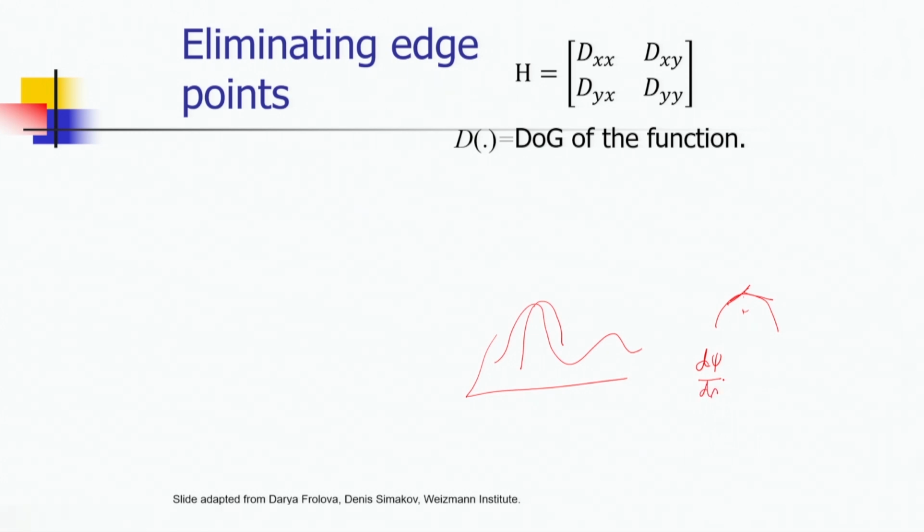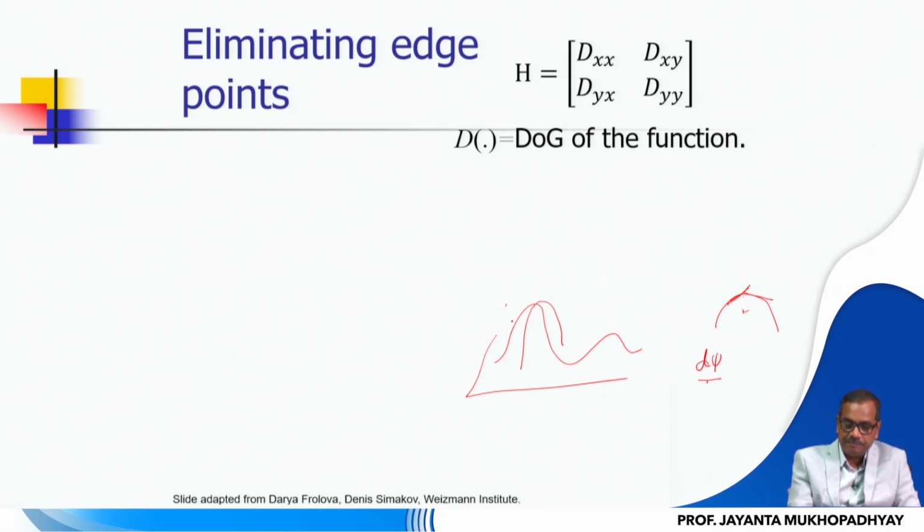But in a three-dimensional space, actually it's a surface. If I consider a surface, then what we do is take many such two-dimensional curves. That means we take planar cross-sections, and for each planar curve we can measure this curvature. Then you get a curvature for different directions. So these are the tangential directions.